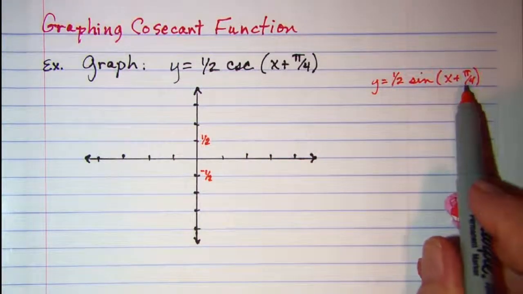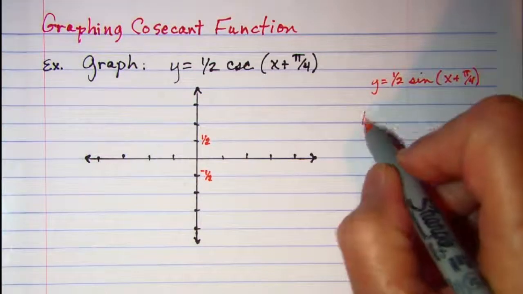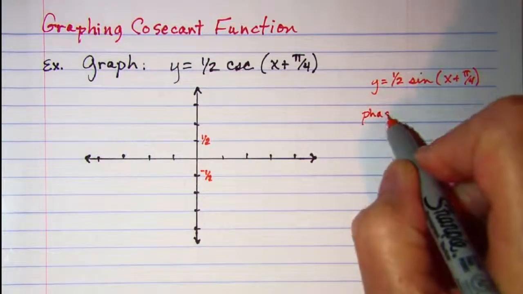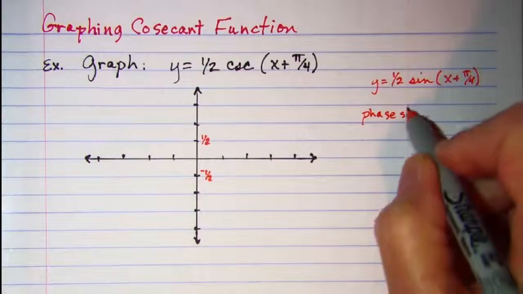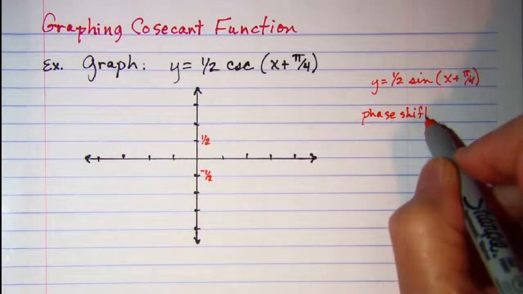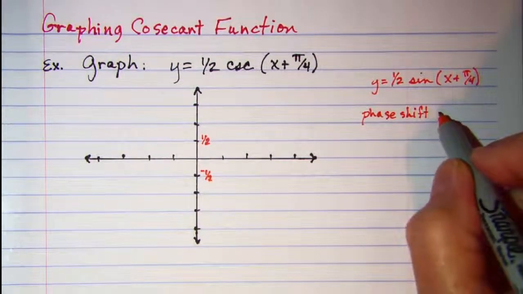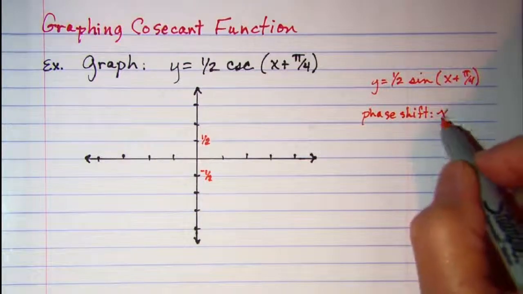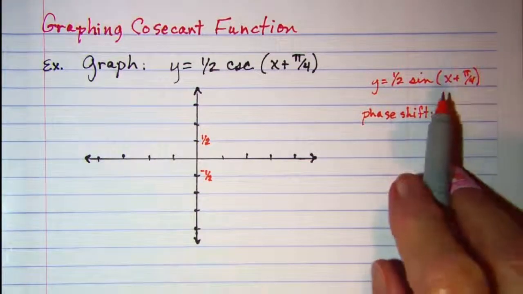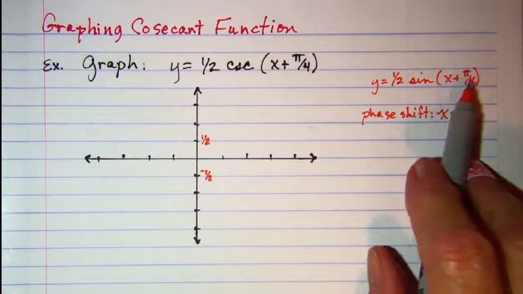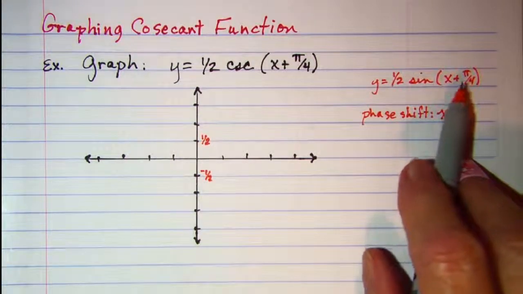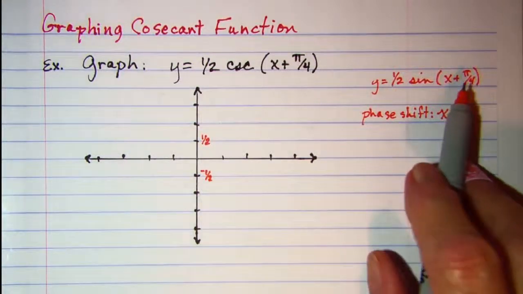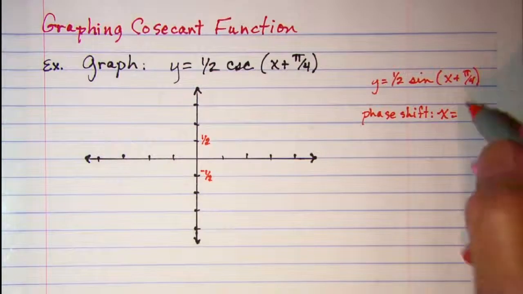Also, I can see that I have a phase shift. Now remember, this is x minus d, and so this is actually a negative pi over 4 for my starting point.